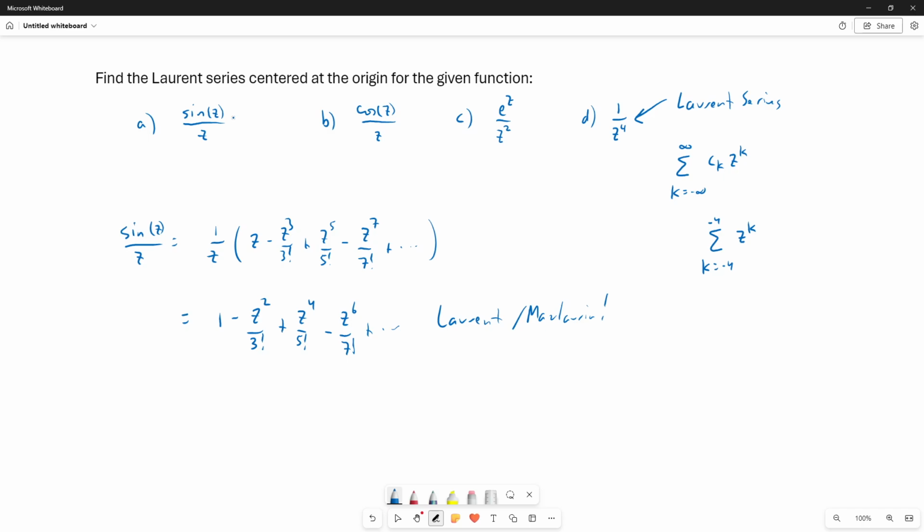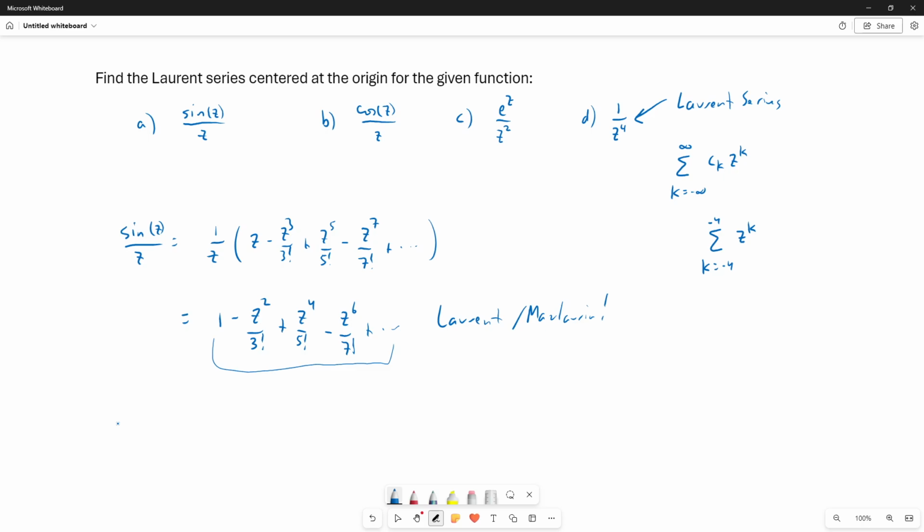The function sine z over z is technically not defined at 0, but we can see that sine z over z has a Maclaurin series that converges when z is 0 to just 1. So this function has a removable discontinuity at z equals 0, and if we define the function to equal 1 at z equals 0, then it would be analytic. It would be an entire function with this Maclaurin series.